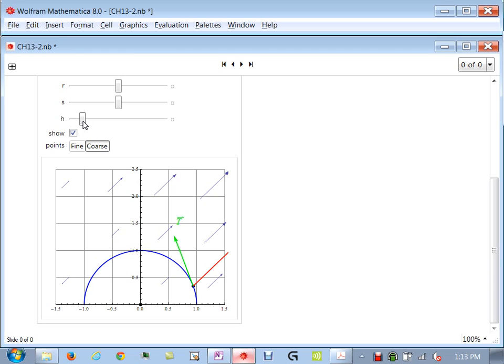Positive or negative? Positive. If the angle between the two is greater than pi over 2, it is negative. So it is possible to have negative work because the dot product can be negative.